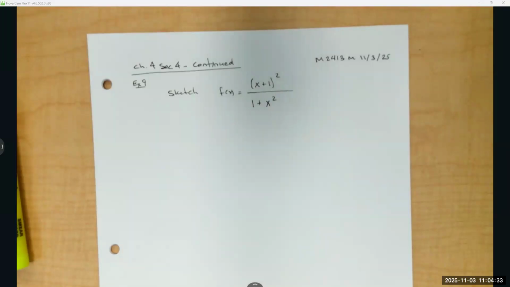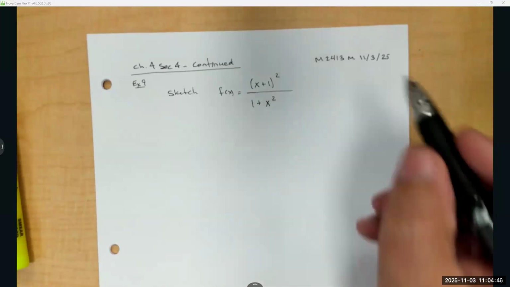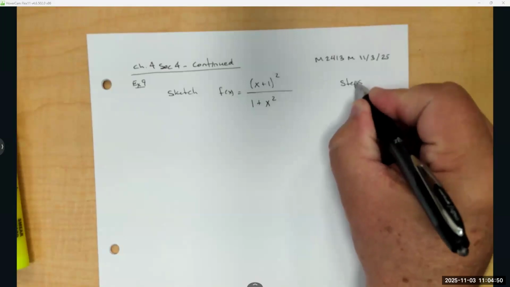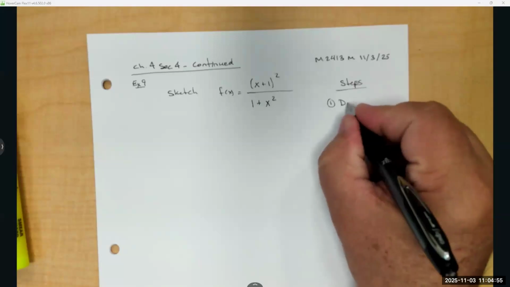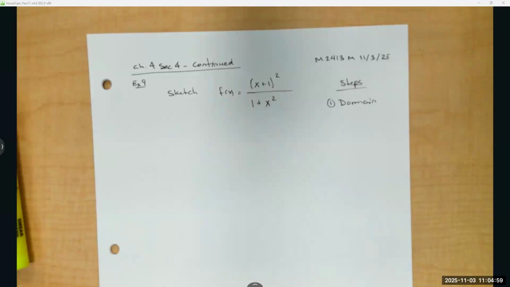All right, so let's look at procedures, a method, a format, so to speak, on what we use to best understand how to graph these. First off, whenever you have a function to graph, identify your domain.